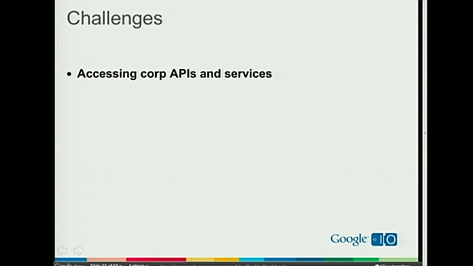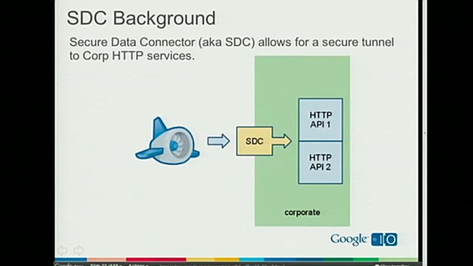In porting to App Engine, we did encounter some challenges, and one of them is fairly obvious: how do we get at this data that's residing in our corporate network from App Engine? The answer here is Secure Data Connector. Secure Data Connector is a way to create a secure tunnel from App Engine, or anywhere in the cloud, to make HTTP calls back into your corporate network to whitelisted URLs.